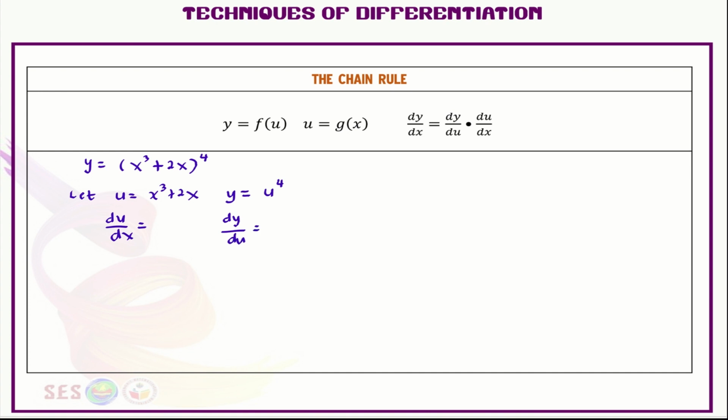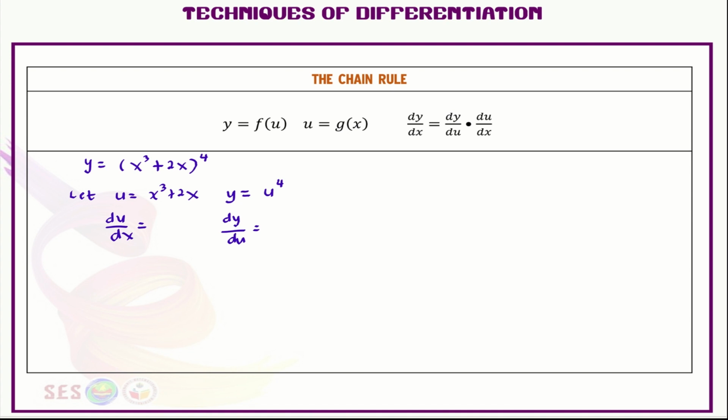Please take note that since we've got the function u here, if we want to differentiate this, we either write u prime or du/dx, because it means that we will differentiate u with respect to x. And since we have y equals u to the power of 4, the way we write the differentiation is dy/du, because we would like to differentiate y with respect to the unknown, which is u.